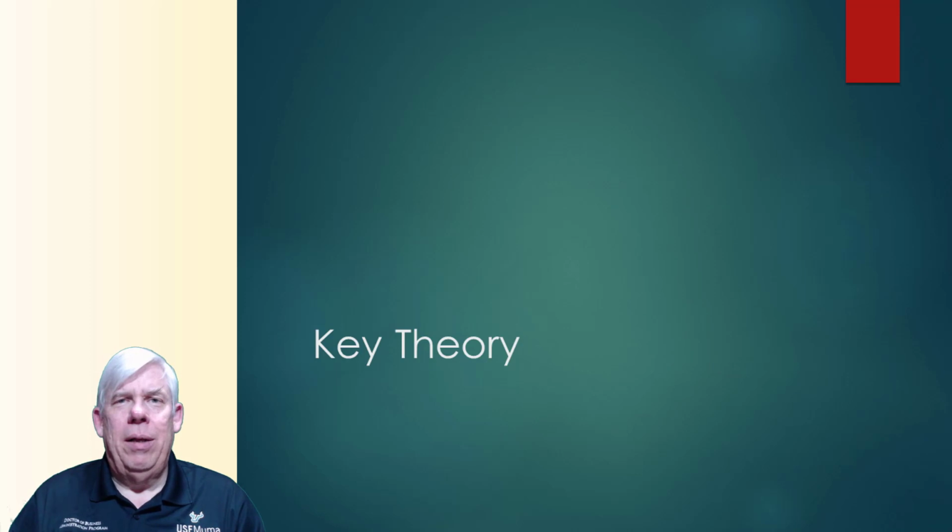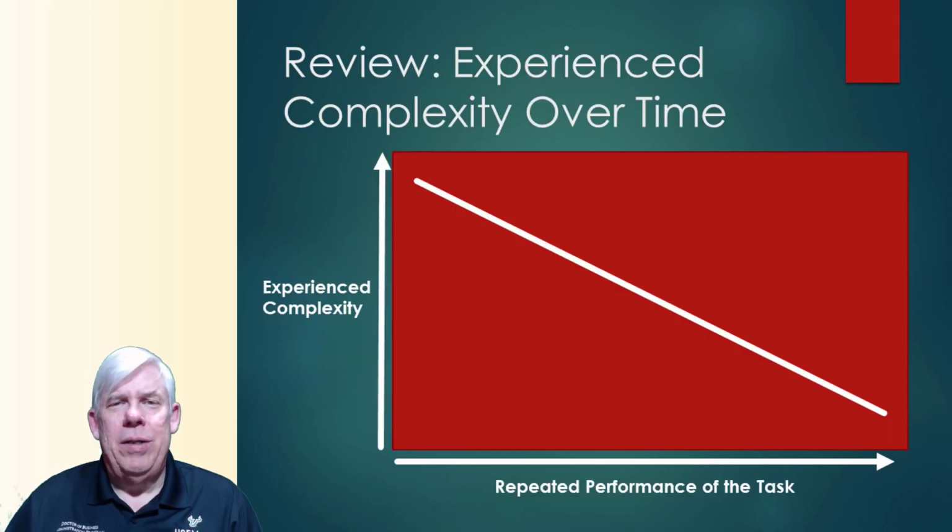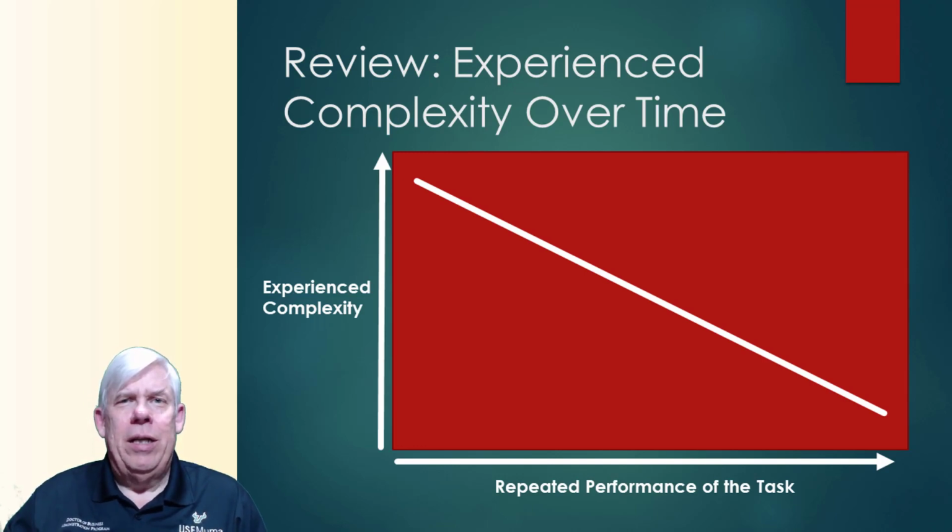Before we get into the models themselves, however, let's take a look at some of the key theory that underlies these models. The first piece of theory that underlies a lot of these models is based upon something we discussed in the first lecture in this series, that experienced complexity, which is to say the amount of attention and effort it takes to do a task, tends to decline with repeated performance of that task.